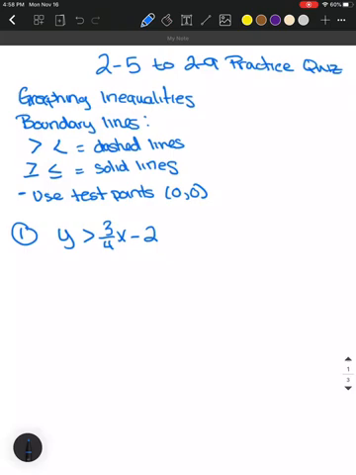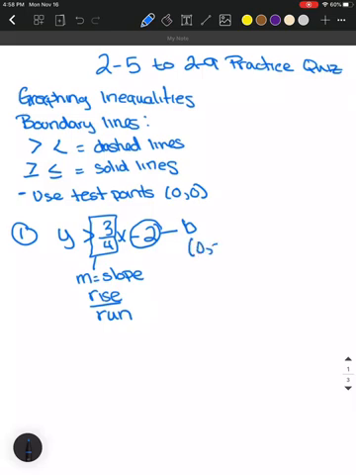Our y-intercept, or our b value, is -2, and 3 over 4 is our slope. This is how we move: rise over run, and we start at the b value, which is 0, -2.